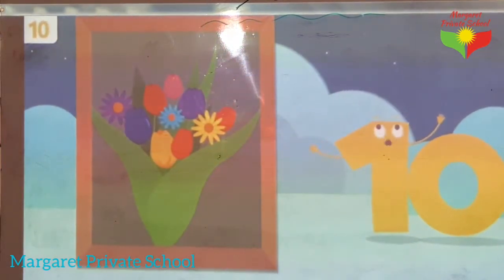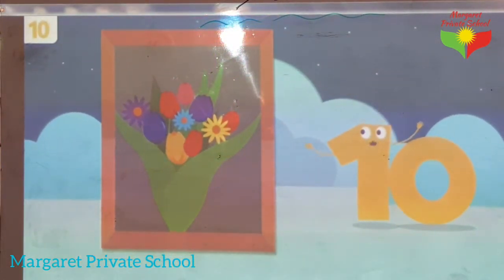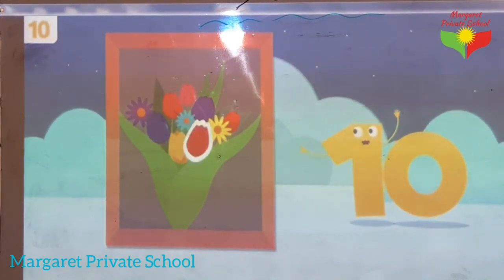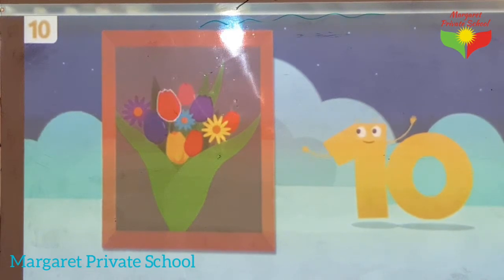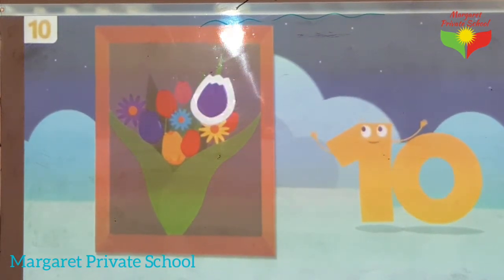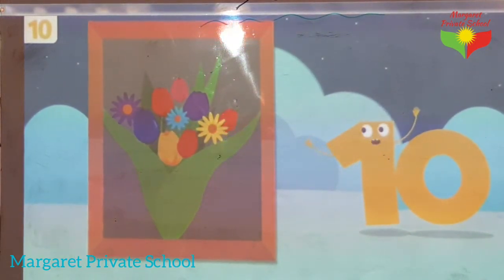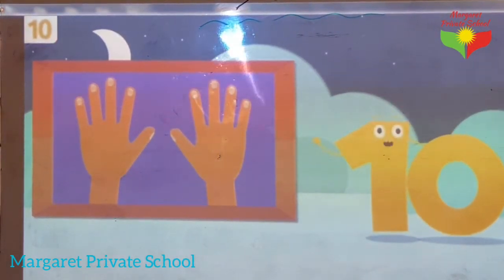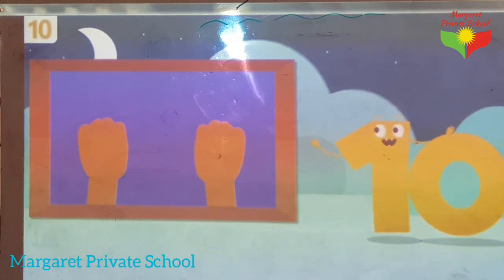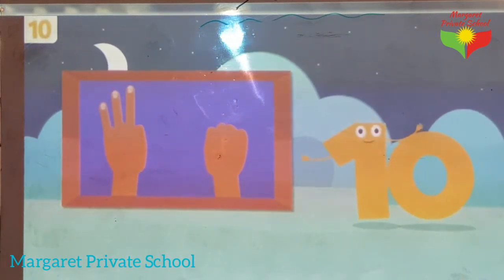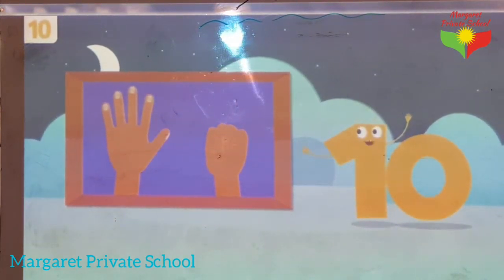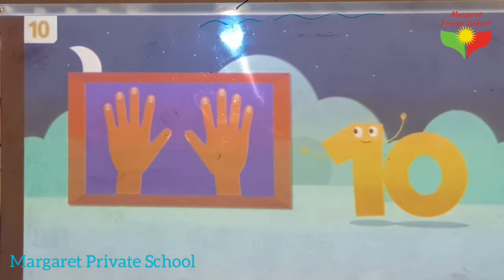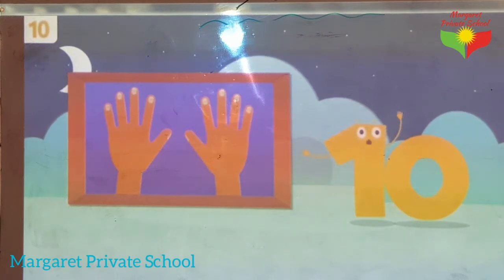How about looking at some examples? Whoa, look, flowers. So pretty. How many are there? 1, 2, 3, 4, 5, 6, 7, 8, 9, and 10. There are 10 flowers. How many fingers are there on both hands? Let's count. 1, 2, 3, 4, 5, 6, 7, 8, 9, and 10. There are 10 fingers on both hands.